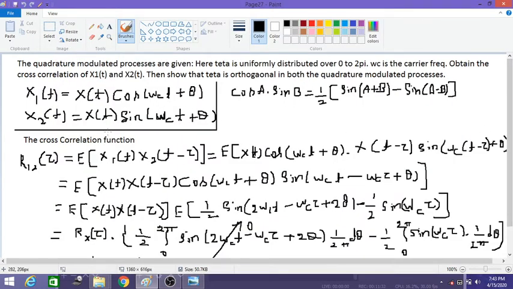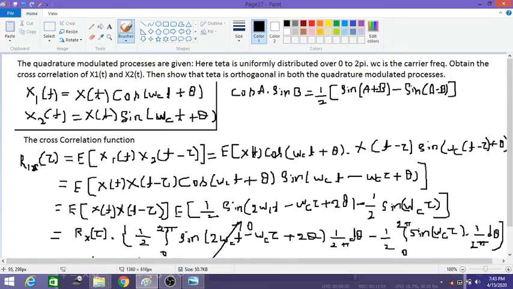Okay, so now let us write the cross correlation definition. Rather than writing this as Rxy of tau, because in the previous definitions we had two processes, x of t and y of t, here the process is x in both cases, but it is represented as 1 and 2.